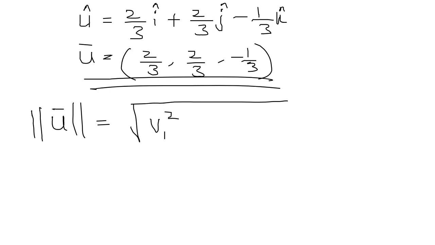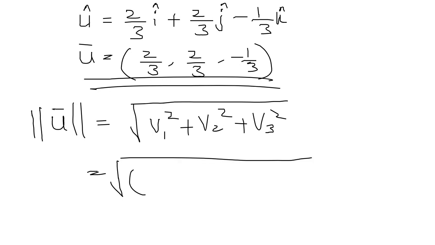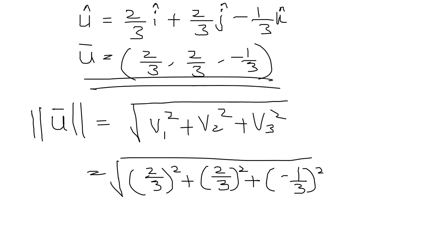So the length of this one, we know, is the square root of v1 square plus v2 square plus v3 square, which is 2 by 3 whole square plus 2 by 3 whole square plus minus 1 over 3 whole square. Simplify it: 4 over 9 plus 4 over 9 plus 1 over 9.